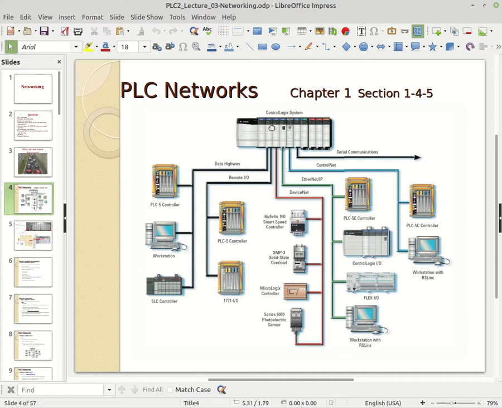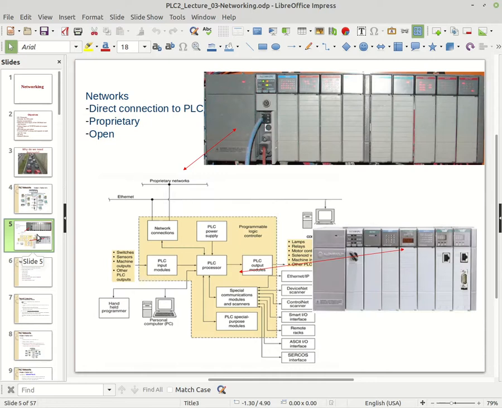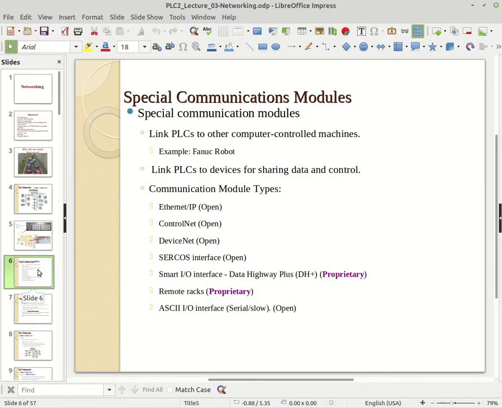You will need a separate card or module within the PLC to be able to handle each one of these different types. But one PLC could at least theoretically communicate on virtually all the different types of networks simultaneously. So as I say, you'll have to put a separate card in the slot for each one.